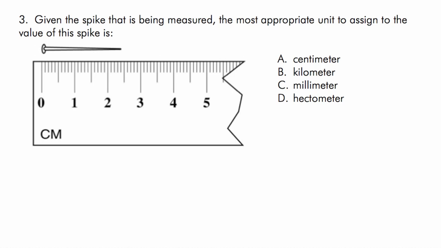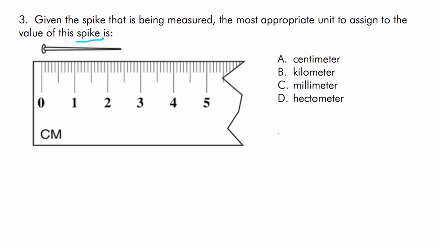The object is a spike, and let's see, it is measured by a centimeter ruler. I see it starts here, let's say that's at 0, that's 1 centimeter, 2 centimeters, and then it's a little under 2.5. So I'm talking about 2.5 centimeters.